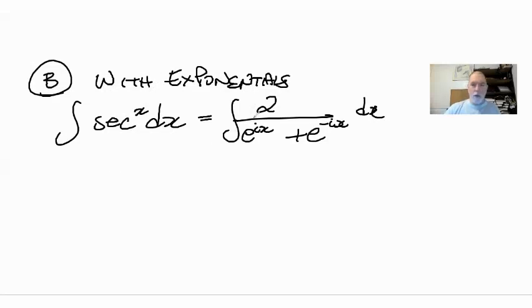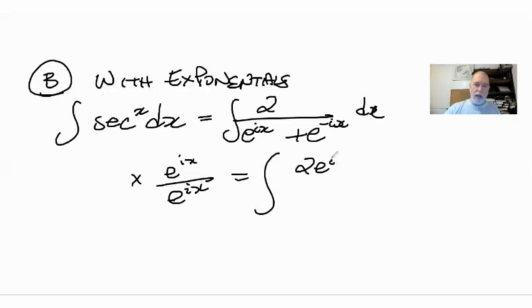Okay, now, just working with the integrand here, we'll rework that by multiplying. Now we're going to multiply all of this by e to the ix over e to the ix, and that's going to give us the integral of 2e to the ix all over e to the 2ix plus 1.